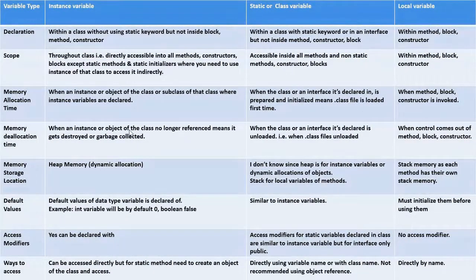Access modifiers: an instance variable can have different access modifiers, that is public, protected, and private. Ways to access: it can be accessed directly, but for a static method you need to create an object of that class and access it.